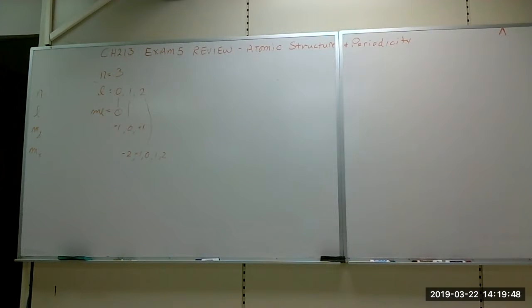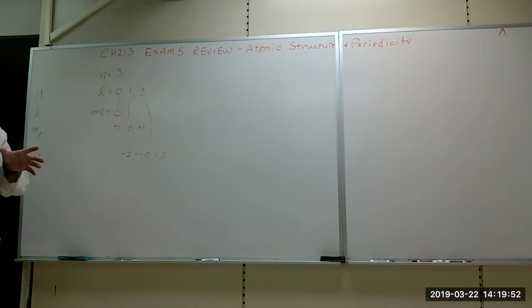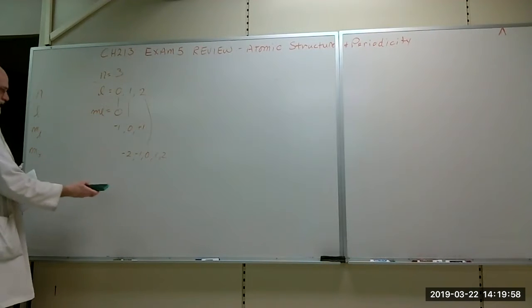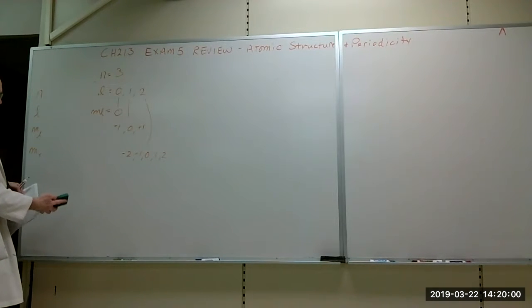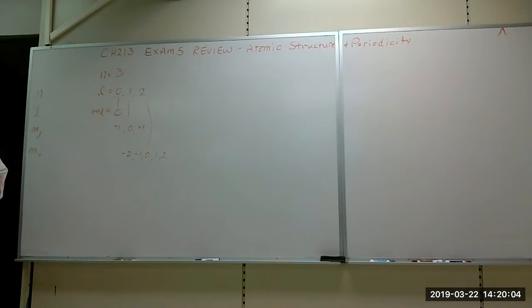So we have 9 levels here, but 2 electrons each means 18 possible elements. It's got to make sense, or it will crumple up in a ball and disappear.